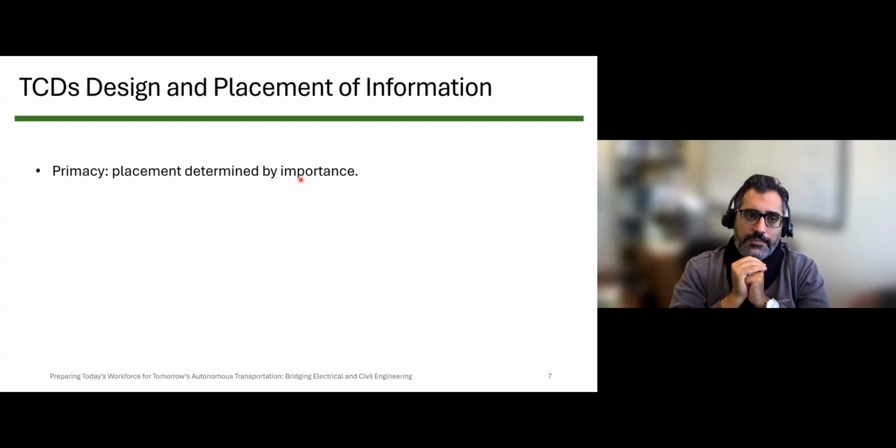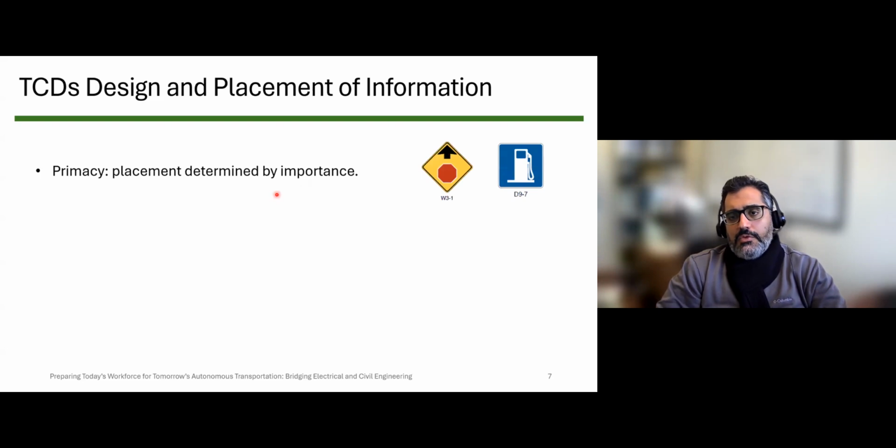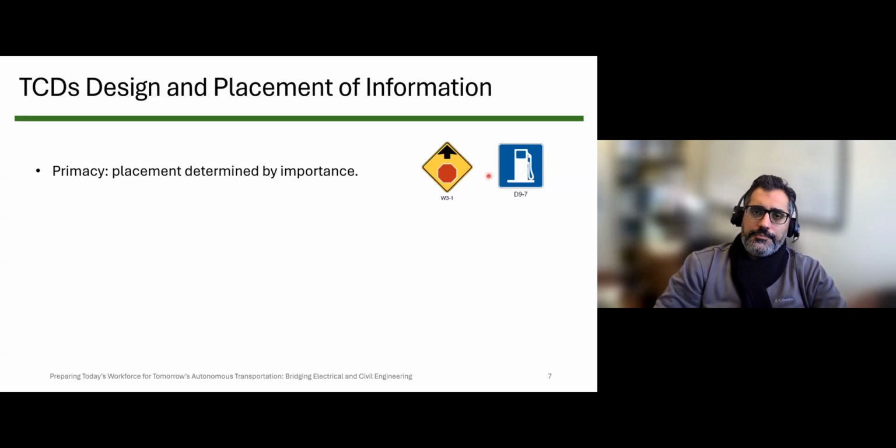The first one, probably the most important one, is what we call primacy. Placement determined by importance. For example, let's say that you are approaching an intersection, and that intersection includes stop control, but adjacent to the intersection, there's also a gas station.